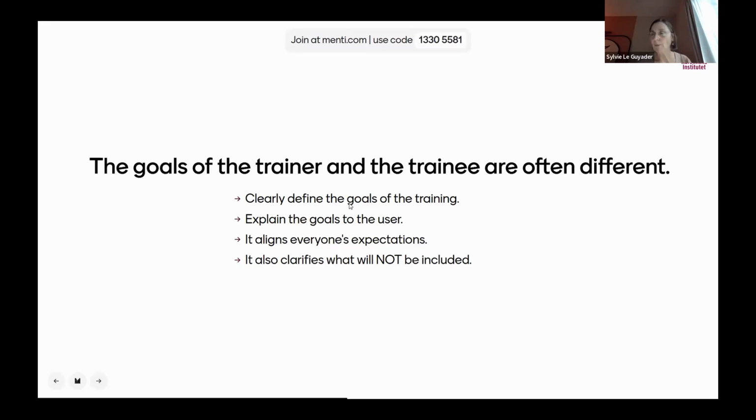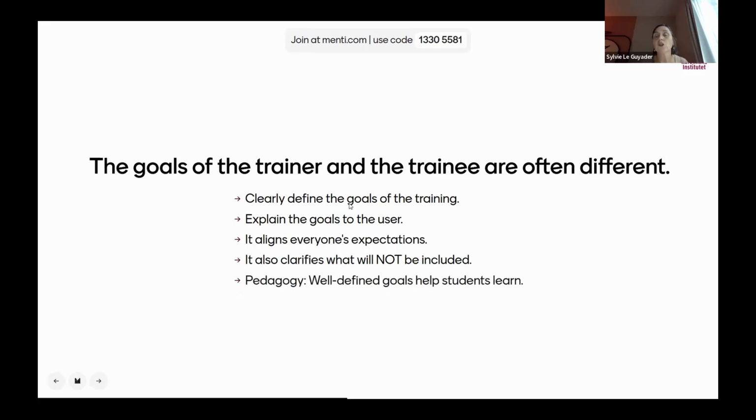I'm not going to teach you sample preparation, or I'm not going to teach you some sort of image analysis. I may give you some advice about this, but I'm not going to teach you this. And it's totally valid. It's up to you, but you have to define it. And so it's important for the user to know what is not included in the training, so that they know that they have to go and get this training somewhere else, okay? So that they are prepared.